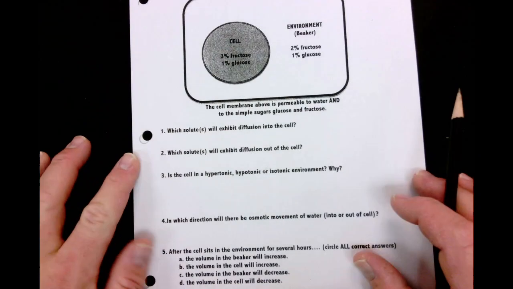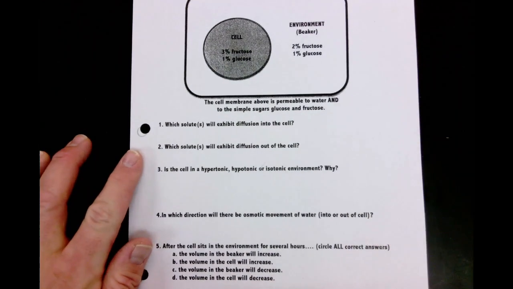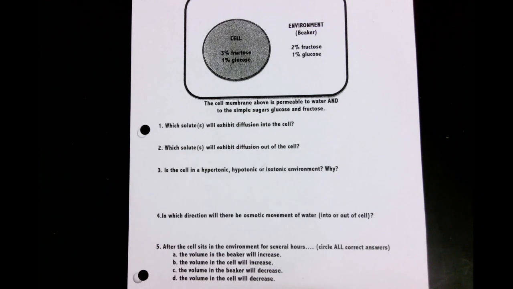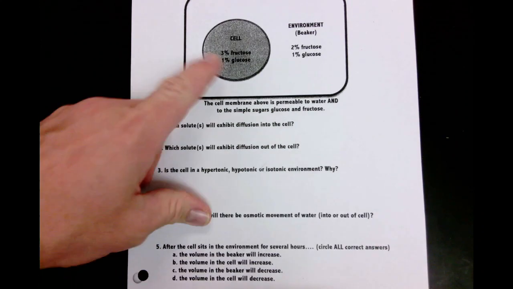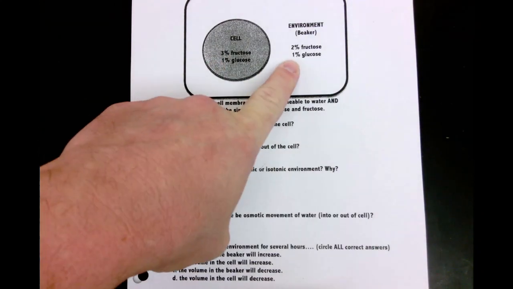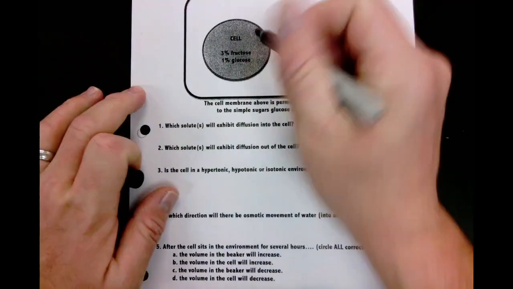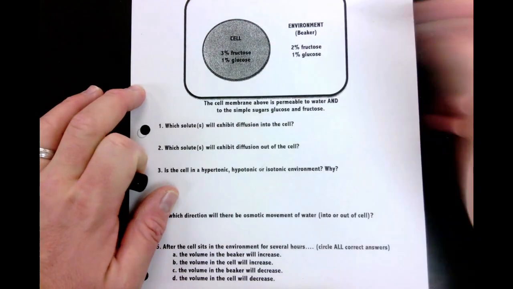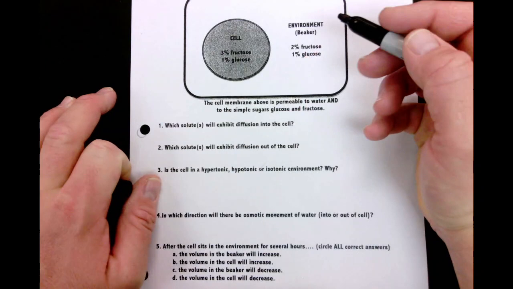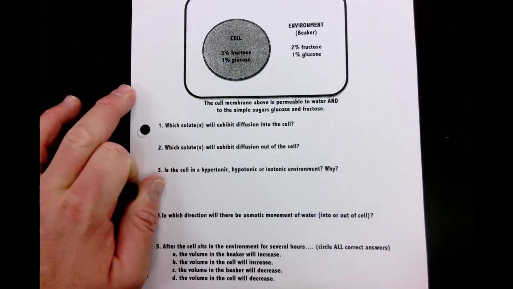The same thing happens in cells, and it affects cells in terms of their water volume. So let's consider this cell and the environment a beaker that it's placed in, okay? This cell is 3% fructose and 1% glucose. Those are monosaccharides, simple sugars, okay?